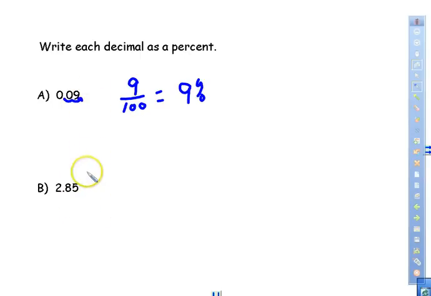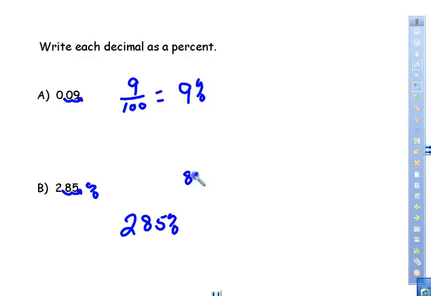Here's another situation where we have 2 and 85/100ths. The 2 wholes, that's definitely going to be my 200 and something. Because remember, 2 wholes, each whole is 100%, so that's going to represent 200. And again, we can move our decimal 2 places to the right, add your percent sign too, so 285%.